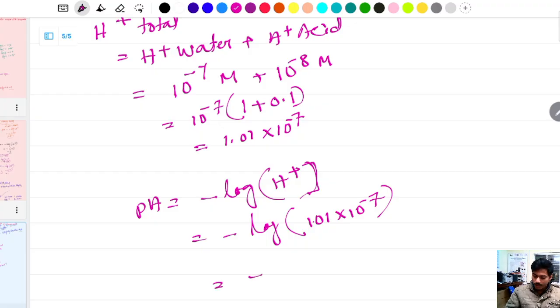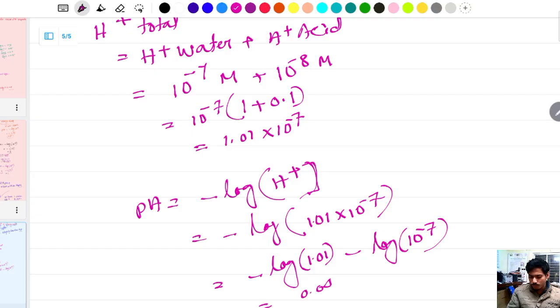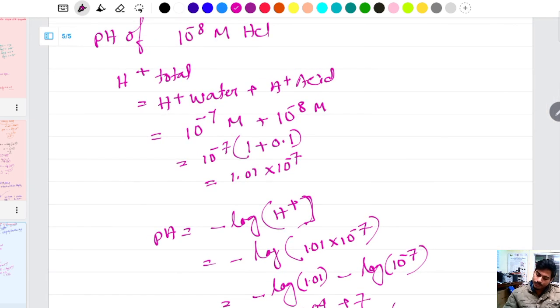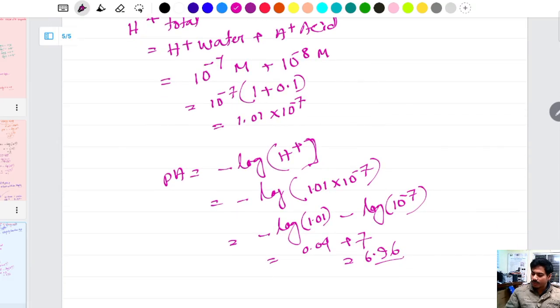It will be minus log of 1.01 minus log of 10 to the power minus 7, which is 0.004 plus 7, so it will be 6.996. So for 10 to the power minus 8 molar HCl, although it is 10 to the power minus 8, the pH will still be about 6.96. Hope you can understand the pH of 10 to the power minus 8 molar HCl.